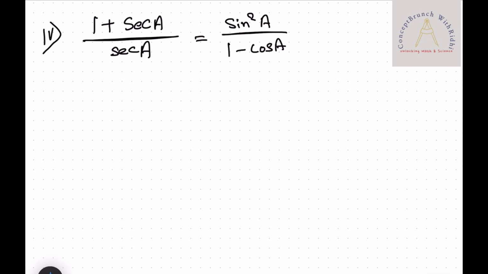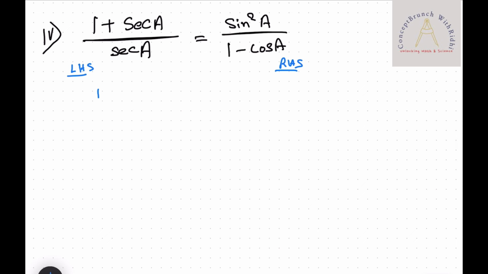This is our fourth question. In this question you can see this is our LHS part and this is our RHS part, right? So if you can see the question hint, they said that we can separately prove it, right? So let's do that accordingly. So in the LHS, this is in the term of secant, right? Let's convert these two in the term of cos.